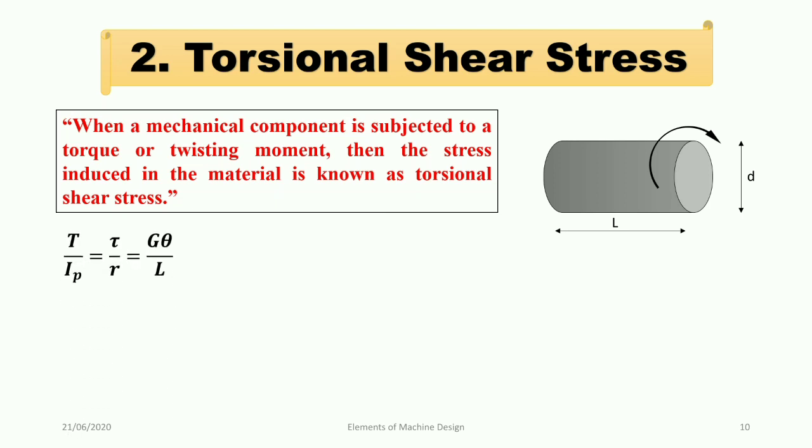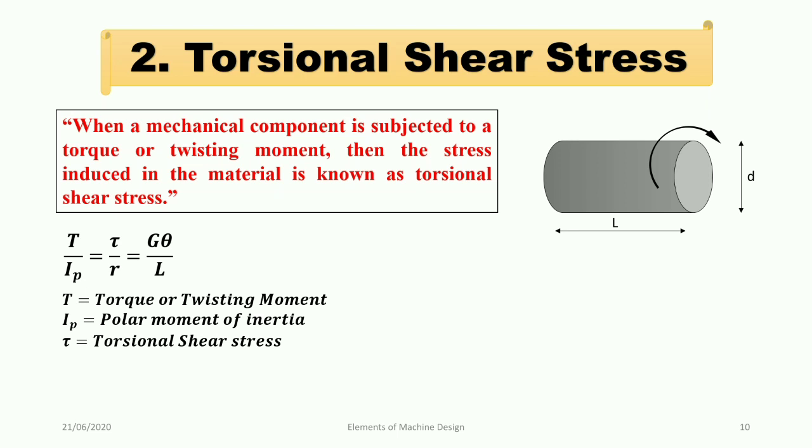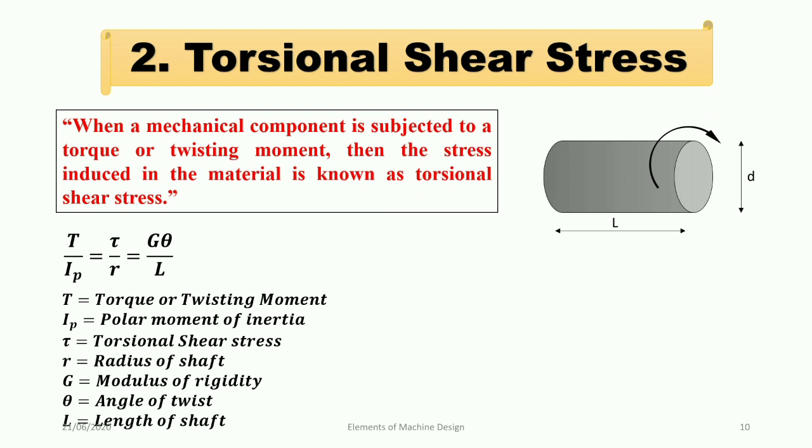Then we know the torsional equation or torsional formula: T divided by IP is equal to tau divided by R is equal to G theta divided by L, where T is the twisting moment or torque, IP is the polar moment of inertia, tau is the torsional shear stress, R is the radius of the shaft, G is the modulus of rigidity, theta is the angle of twist, and L is the length of the shaft.